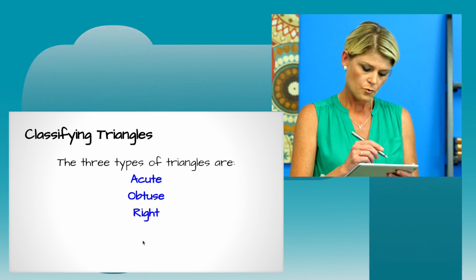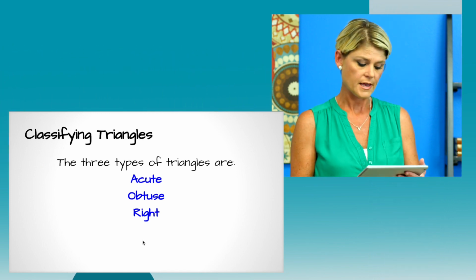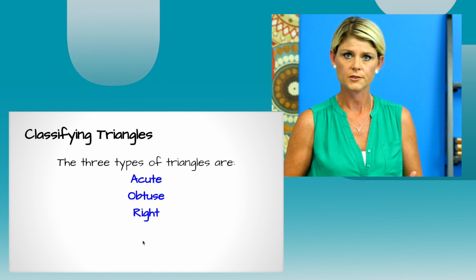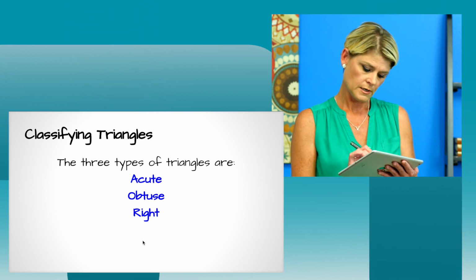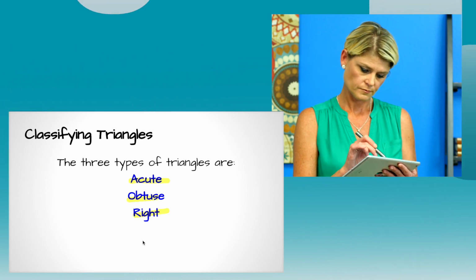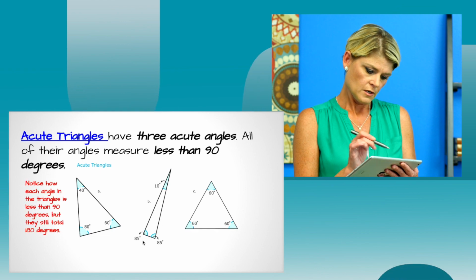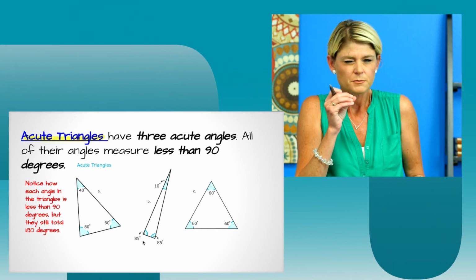Okay, really quickly, let's talk about the different types of triangles we have, because we're going to be classifying triangles in geometry. So the three types of triangles are acute, obtuse, and right. All right, first let's talk about acute triangles. Remember I said acute reminds me of a cute little baby.